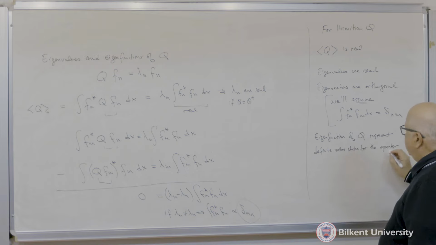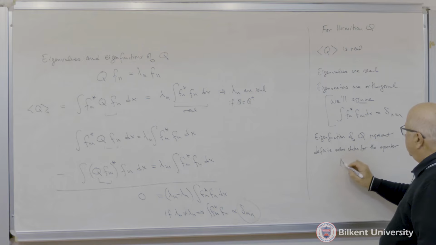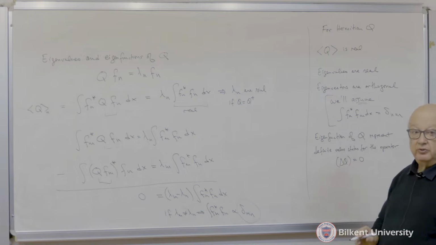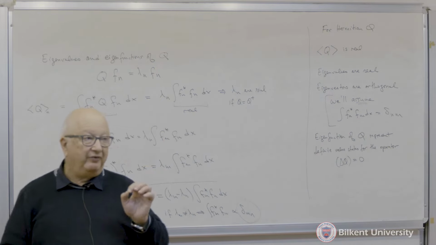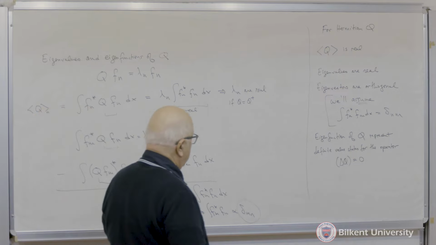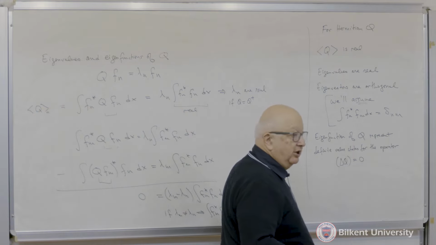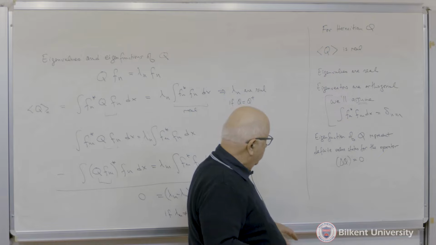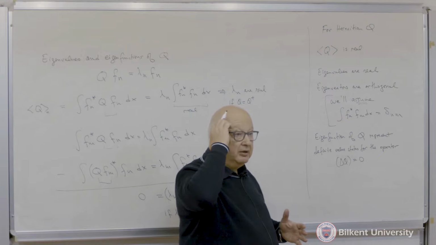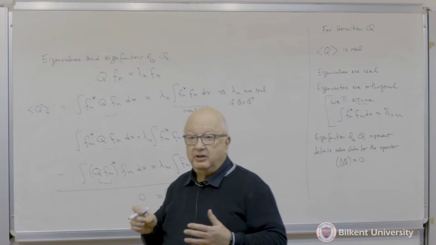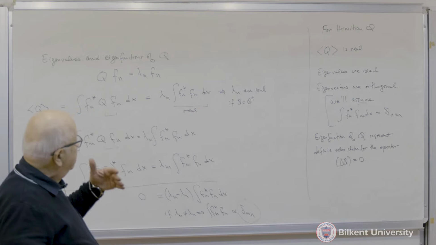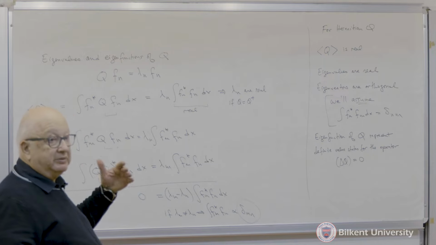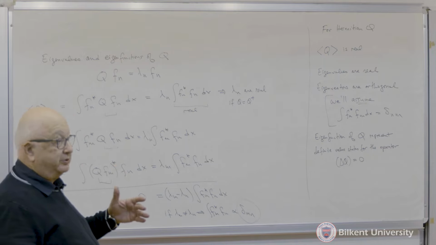What you mean by that is that delta Q for that state is going to be 0. So those are states with definite values of our expectation value. So you see this thing building up step by step into showing that these Hermitian operators are special and useful for our purposes.